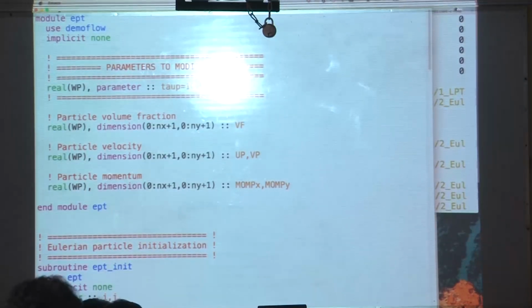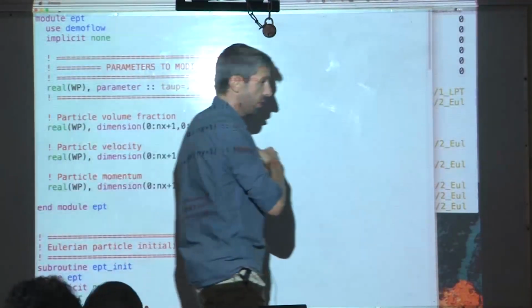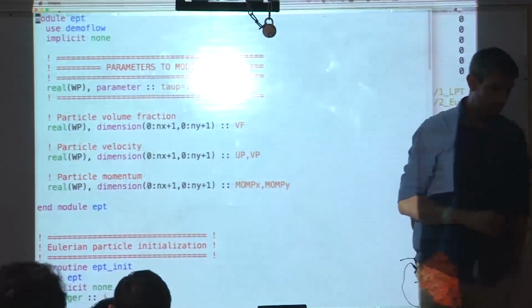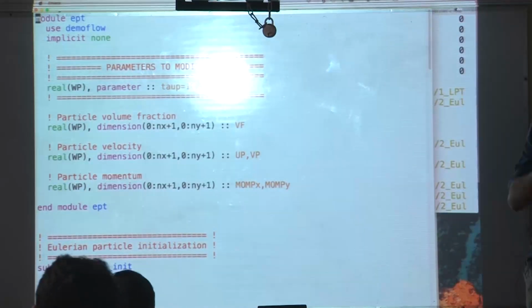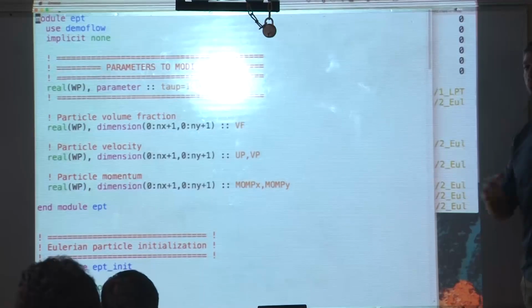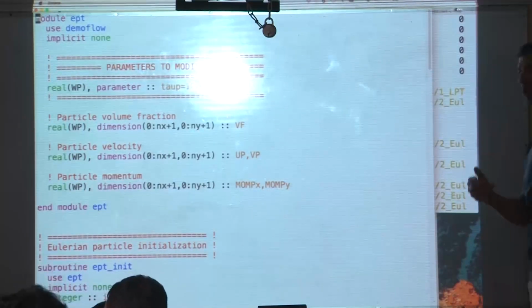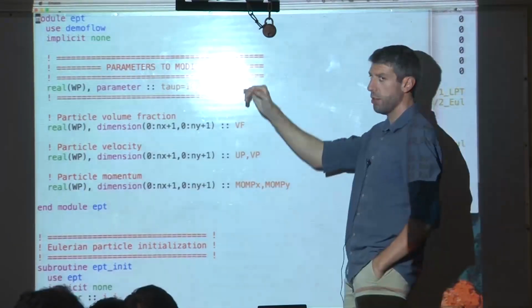In the previous exercise, we had only a tau p equal to 10. I hard-coded it. So we'll do the same thing here. Single tau p, it doesn't matter. We have some combination of diameters, viscosity, and densities leading to a characteristic timescale 10 times that of the fluid.